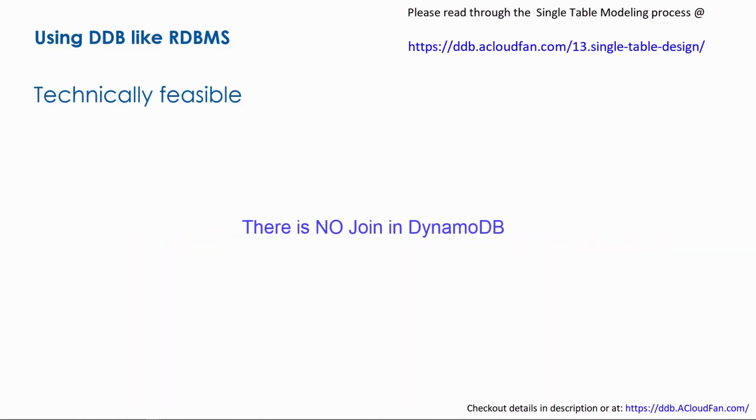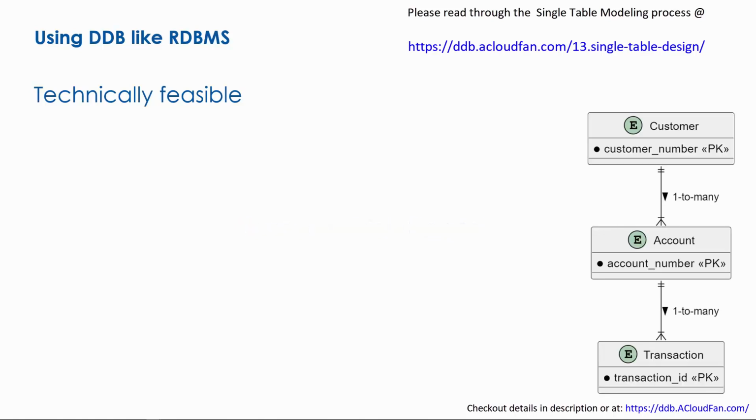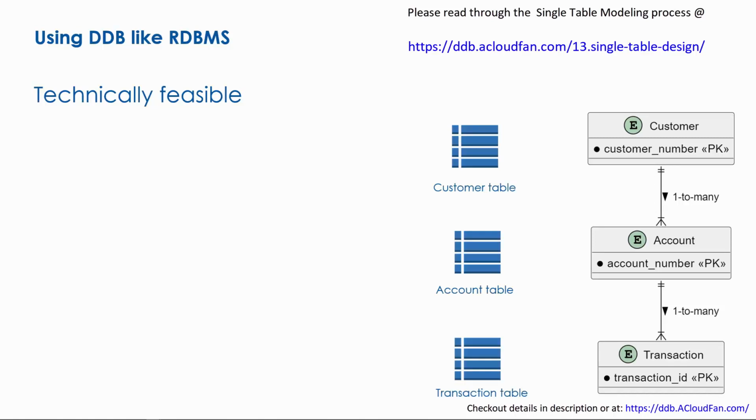As you already know, there is no join capability in DynamoDB, and that translates to doing a join on the application end. In this banking app example, I'm showing three tables: customer, account, and transactions. Customer profile page requires information on customer, their account, and the last 10 transactions in the account.